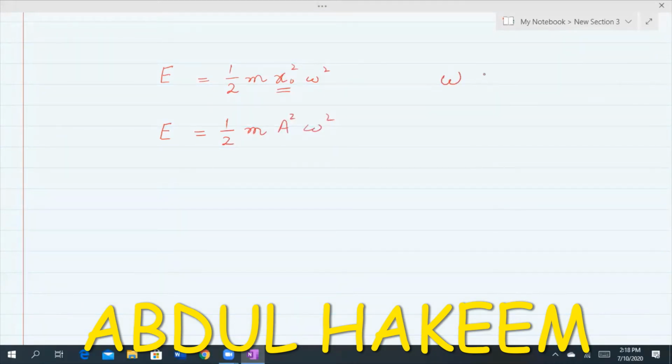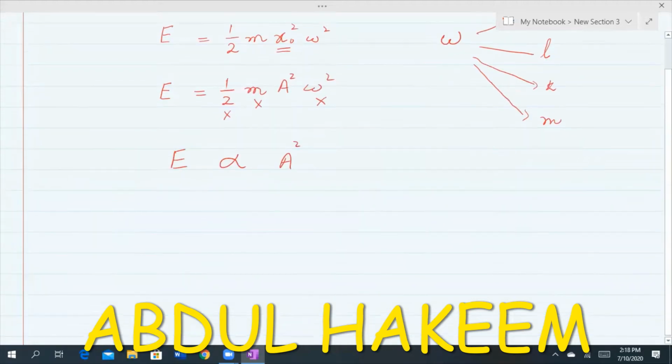This omega depends on g, on L, on K the material constant, and on the mass. So omega is constant, m is constant, half is constant. So energy in oscillation is directly proportional to amplitude square.